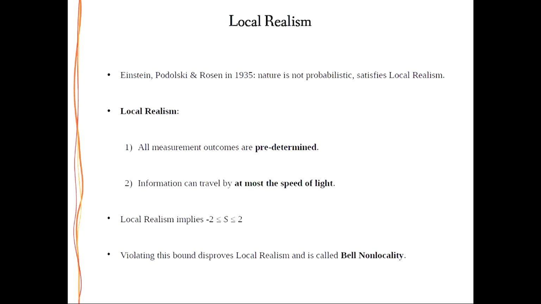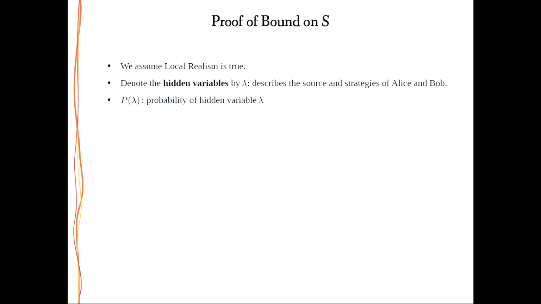Okay, so let's go through the proof of the bound on S. This gets kind of technical. I will go through it quickly, but you can read the lecture notes if you want to know more details. The hidden variables we denote by lambda. What these lambdas say is what Alice and Bob will give as output, given input 0 or 1.